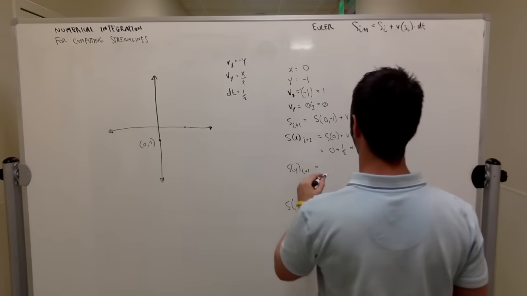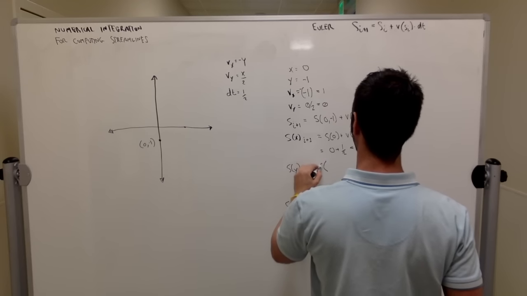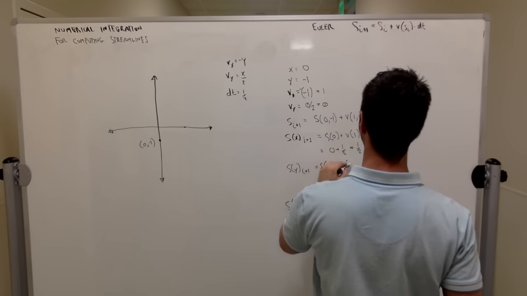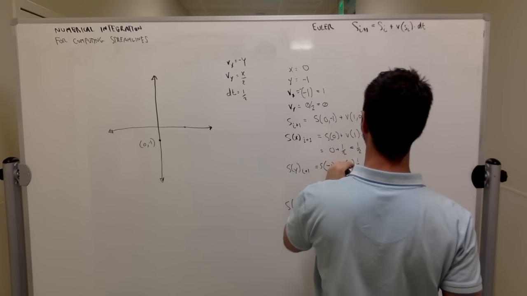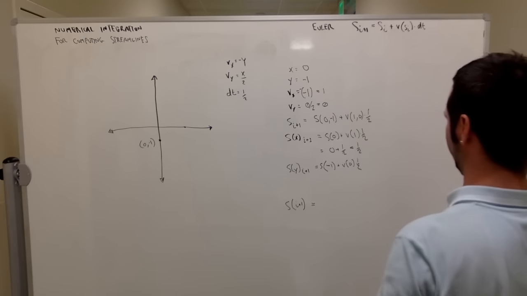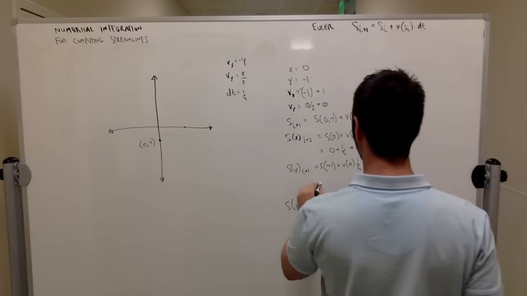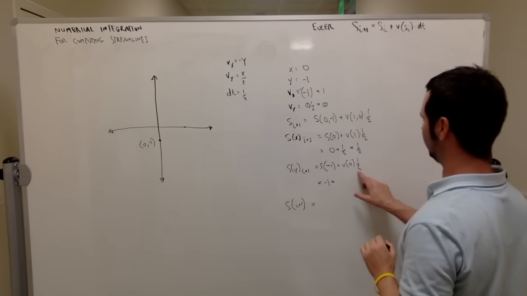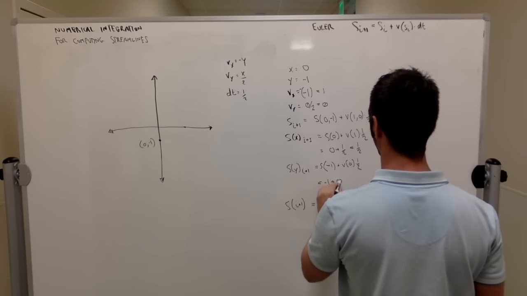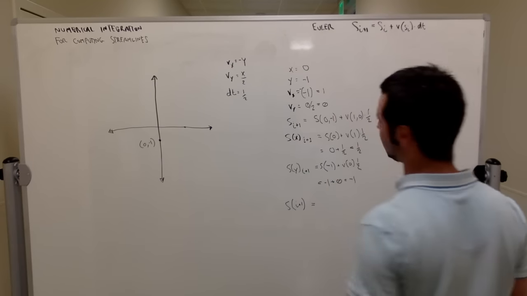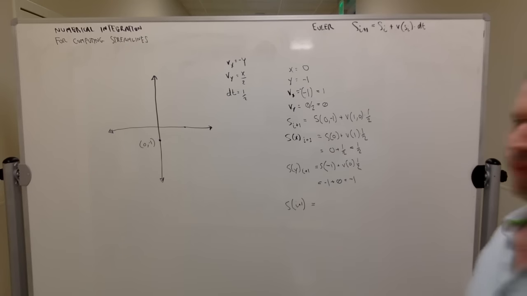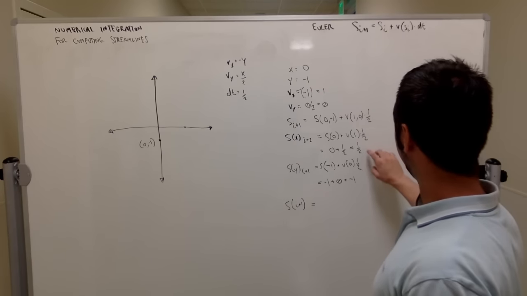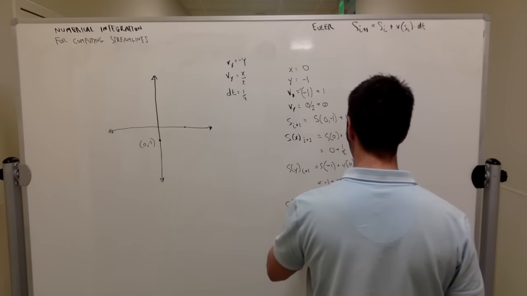Then the y component is just S minus 1 plus V0 times a half. So that is minus 1 plus 0 times a half, which is 0, equals minus 1. Hopefully that makes sense so far. So the next point on the streamline is 1/2, minus 1.